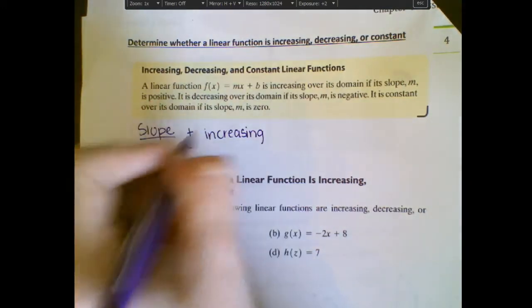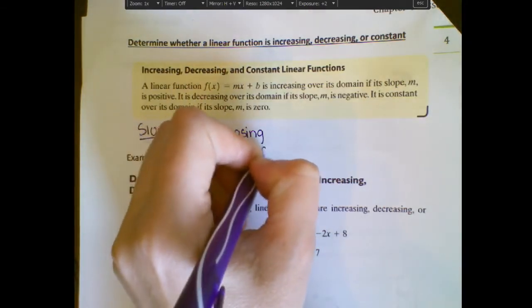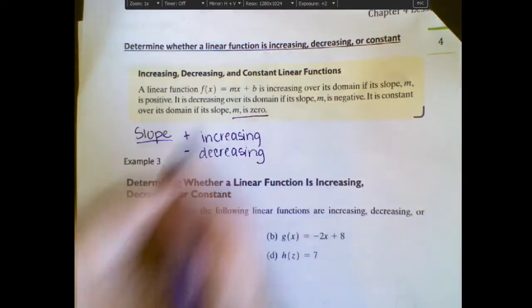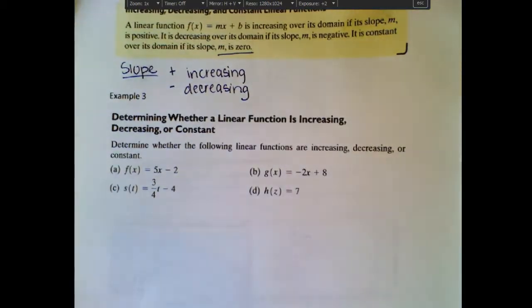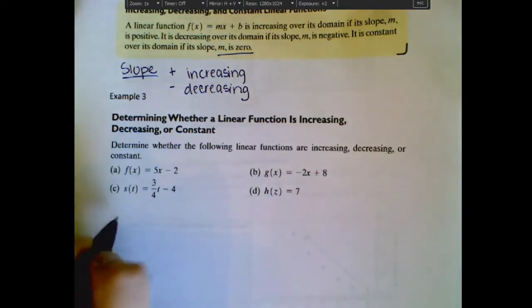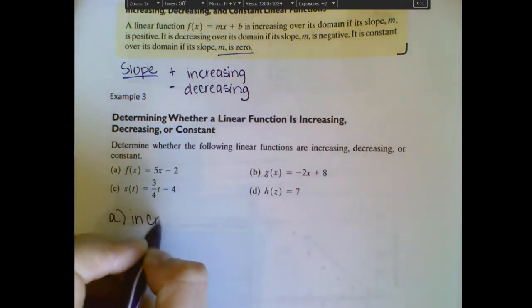If our slope is negative, it's decreasing. And if our slope is 0, it's constant. So let's take a look at A. Look at our slope. Our slope is always found right in front of our variable. So in front of this variable is 5. So A, it is increasing.